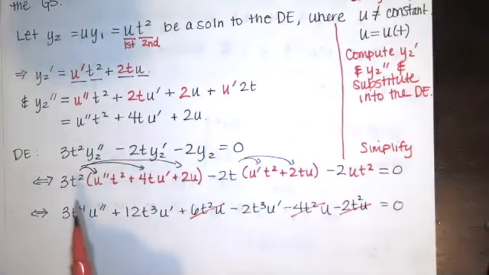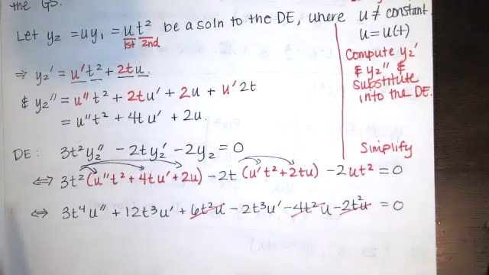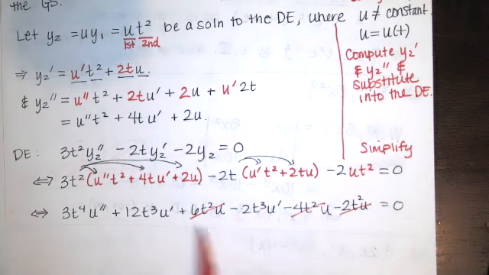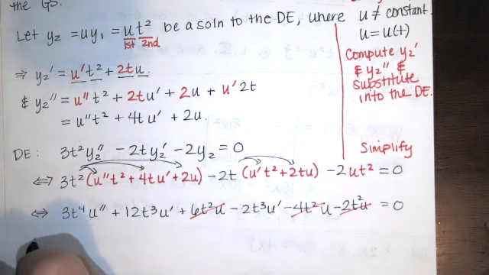And if we had done this in general for just a u times y1, we would see that the u times y1 terms are all canceling out because y1 is a solution. We can justify it in general, but I think it's easier to look at a concrete example. So let's just focus on this concrete example for right now. And let's simplify this further.